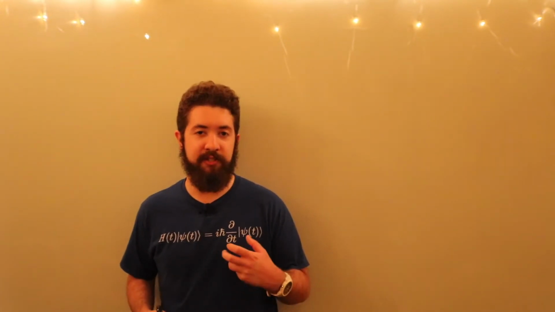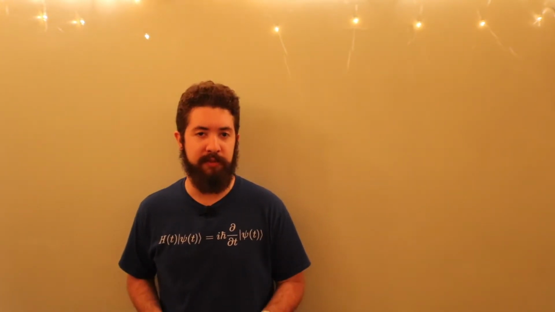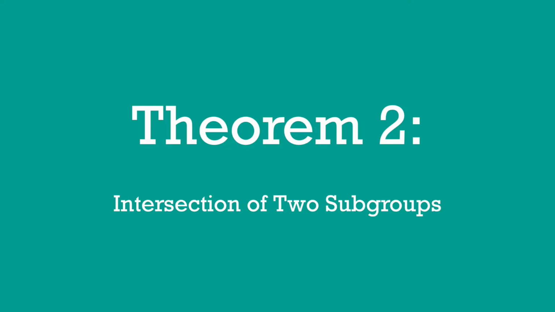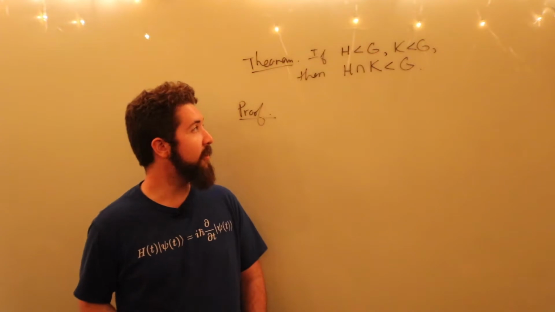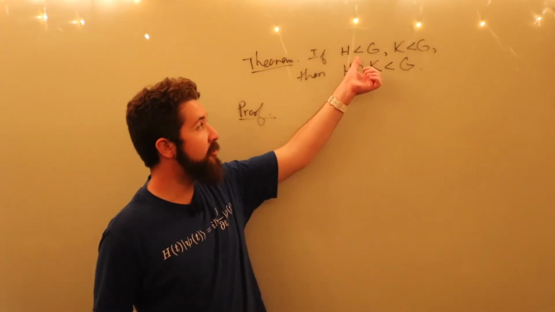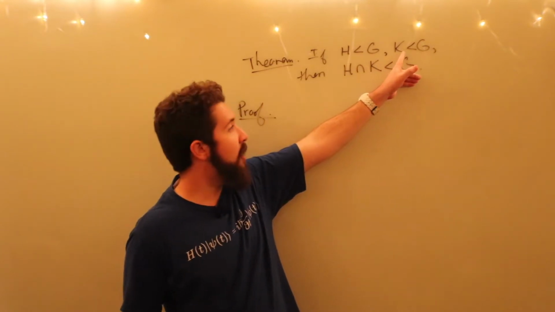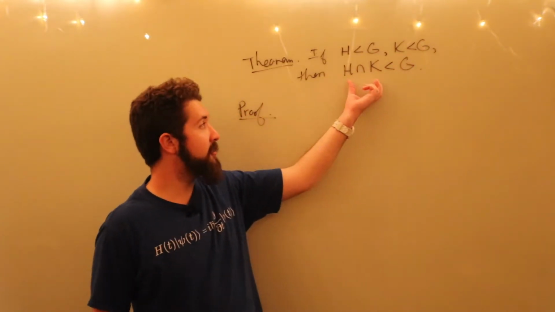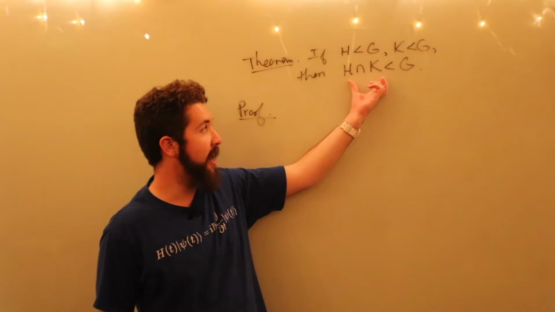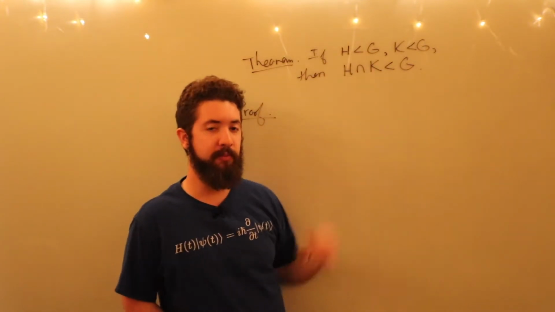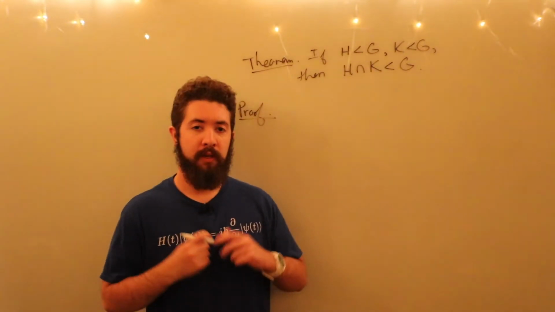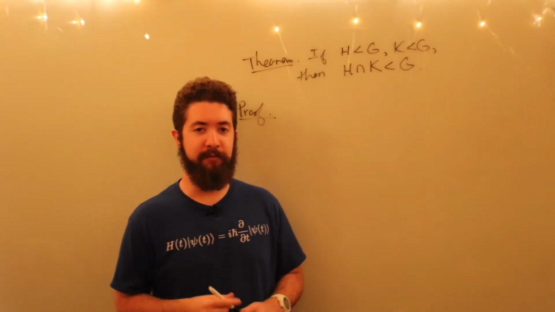All right, now I'd like to show some facts about subgroups. I'd like to now prove a theorem which says that if H is a subgroup of a group G, and if K is another subgroup of the group G, then the intersection of H and K is itself a subgroup of the group G. All right, this proof is going to be really straightforward.